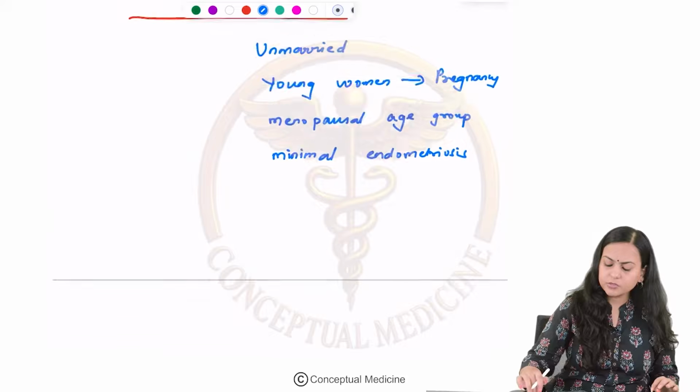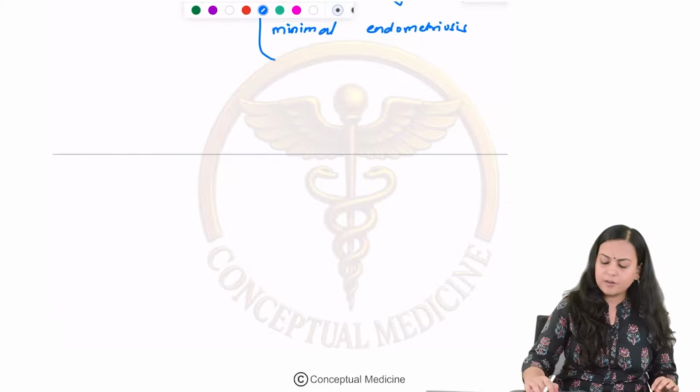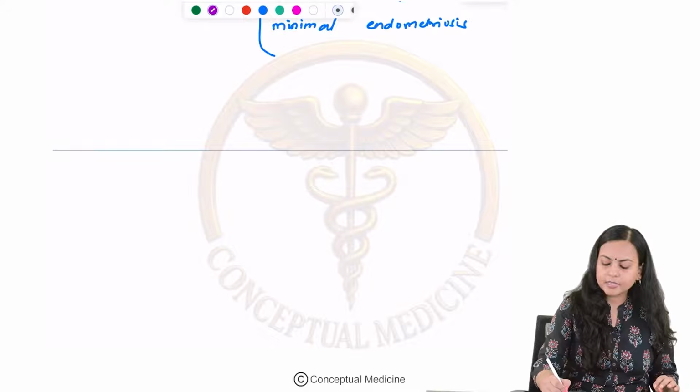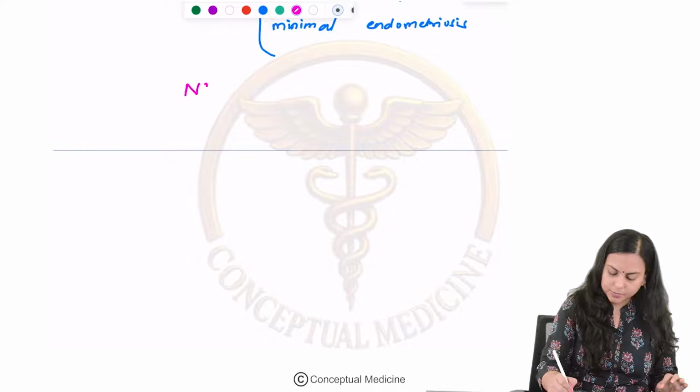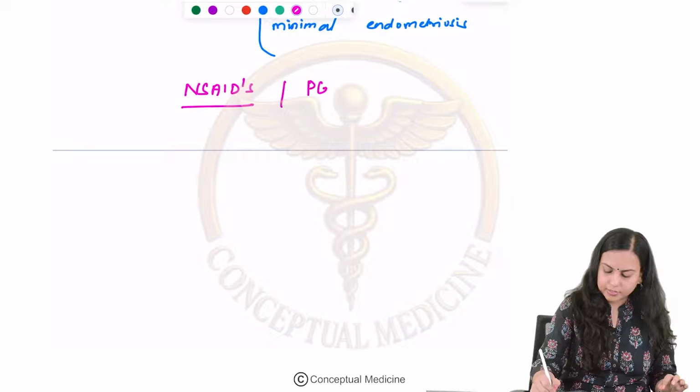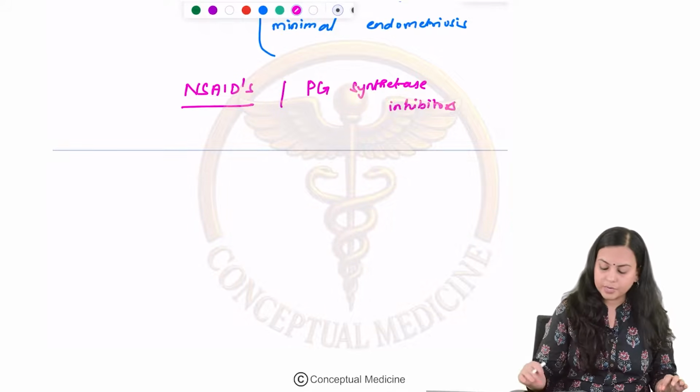Okay. So in this group of women, how will you do expectant management? For expectant management, you are going to give them analgesics, especially NSAIDs or prostaglandin synthetase inhibitors. Okay, so that will help in reduction of pain.